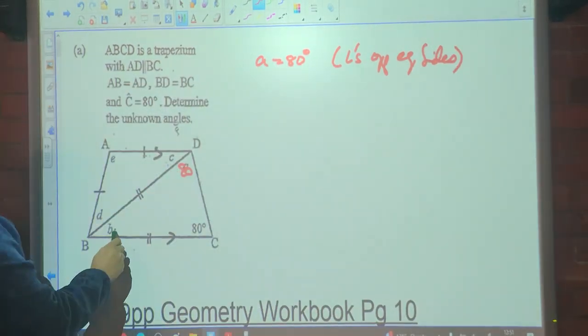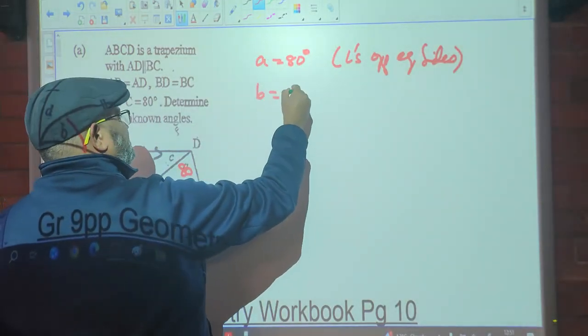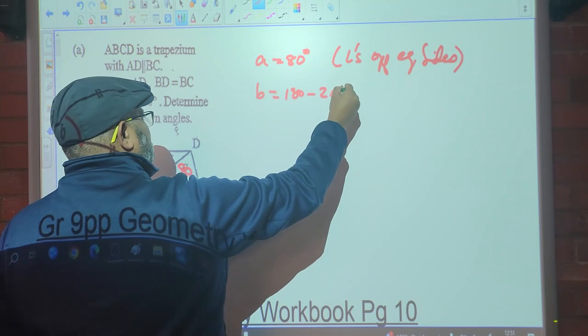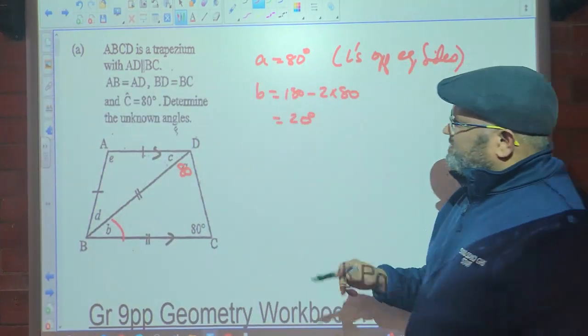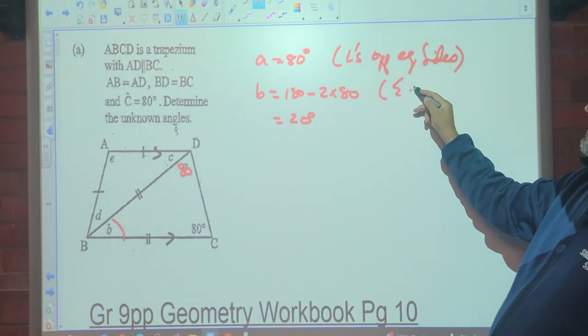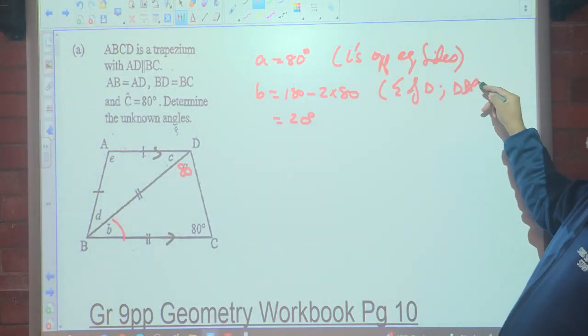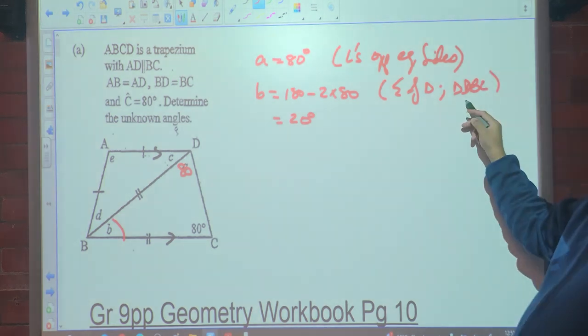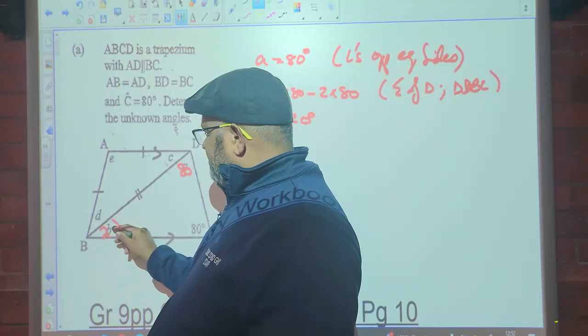Now I can calculate B. So B is equal to 180 minus 2 times 80, which is 20 degrees. Why? Sum of angles in a triangle, and this triangle, DBC. You don't have to say the spot. Okay? So these two.